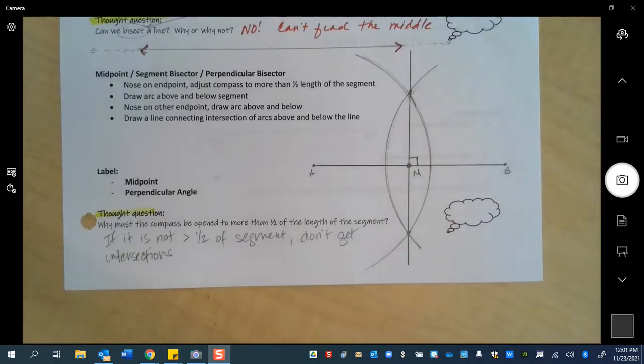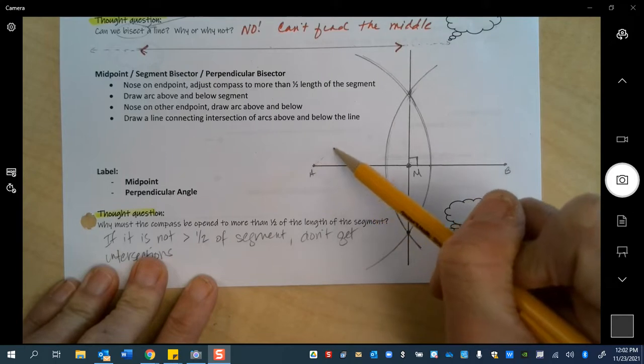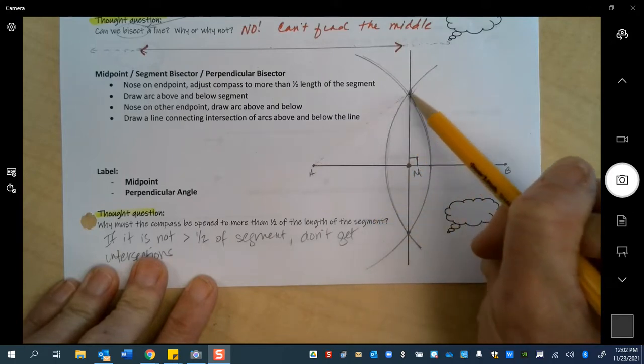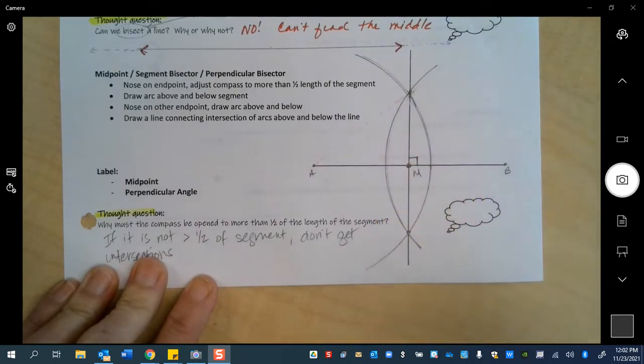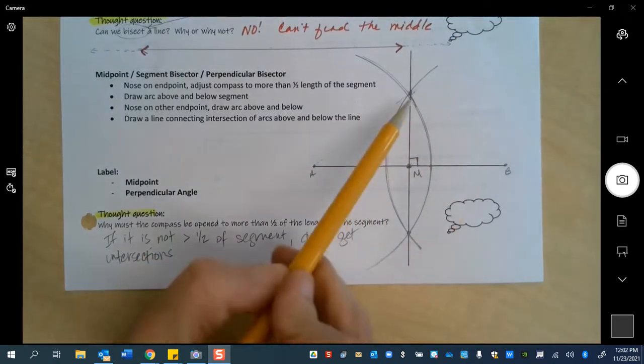So what's kind of cool, and we're going to talk about this in the next coming unit, is little do you realize that you are creating a series of triangles every single time that you do this construction.